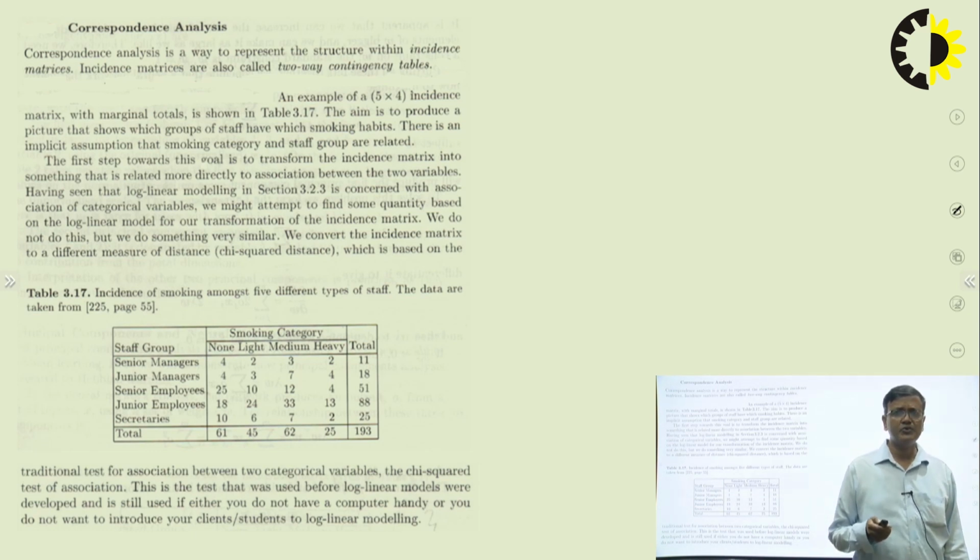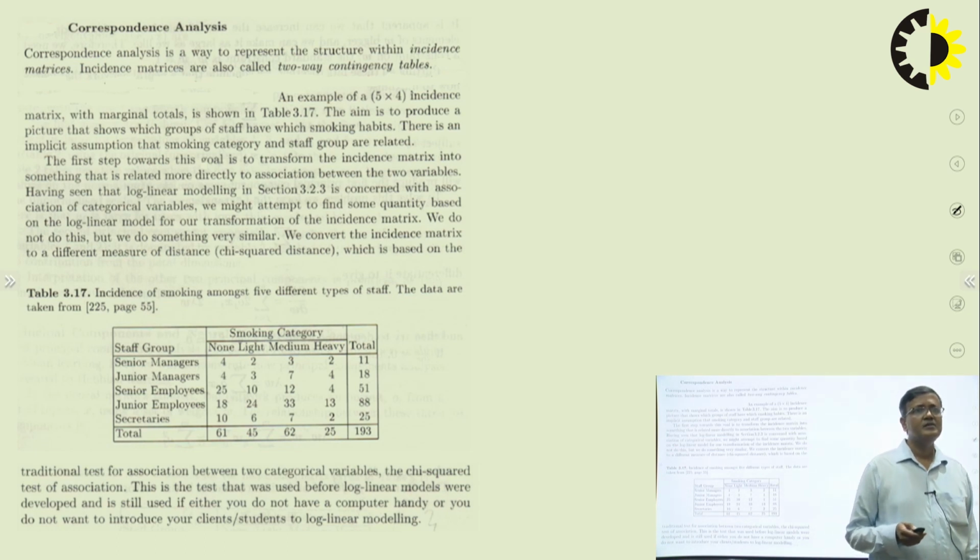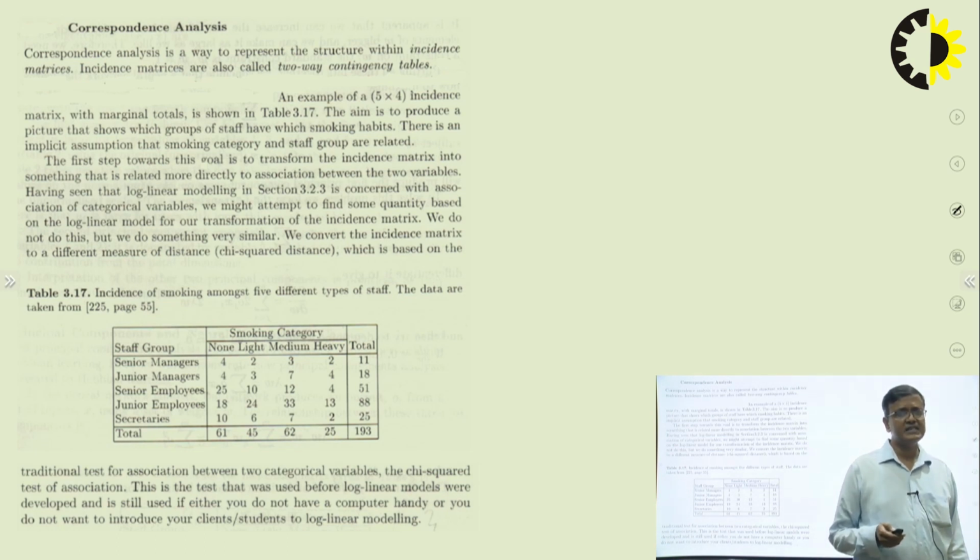So there are two ways to find the association between the two variables. One way is using the log linear modeling method, which is the oldest method. But instead of using the log linear modeling method, what we will use is the chi-squared distance method, which is based on the traditional test for association between categorical variables, also called the chi-squared test of association.